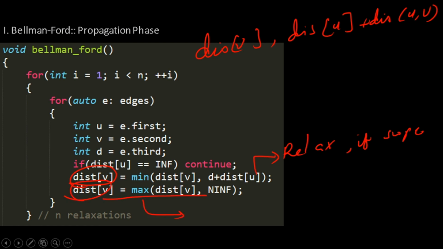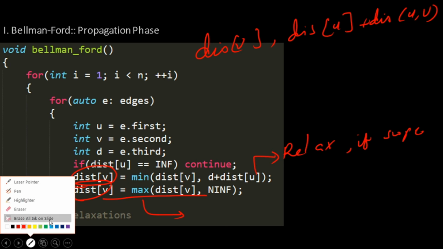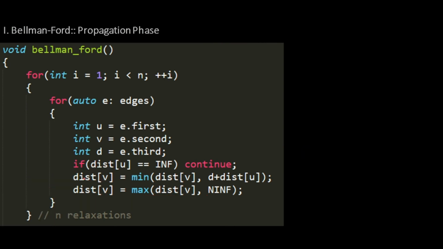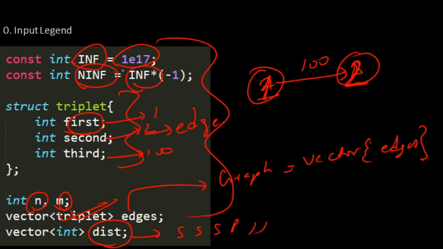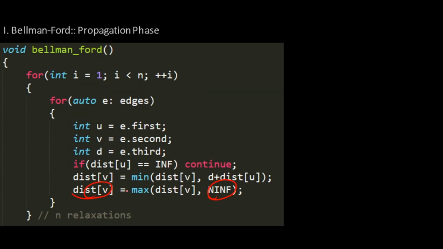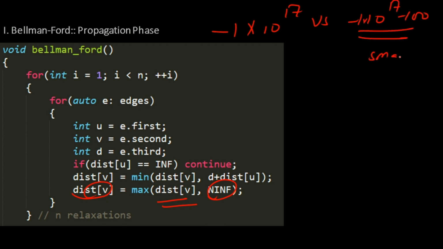Okay, similarly, what does this step mean? This is a very critical step, more so for the next part. Remember, negative infinity is negative infinity, but we have defined it as a number, minus 1 times 10 power 17. That's how we have defined it. So if you compare minus 1 times 10 power 17 versus minus 1 times 10 power 17 minus 100, the latter is smaller, so it will reset it.